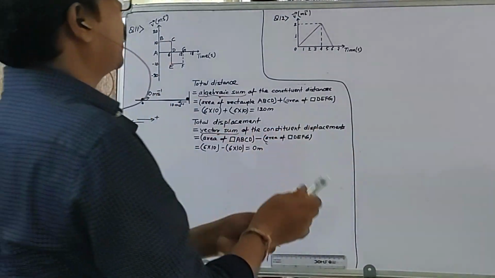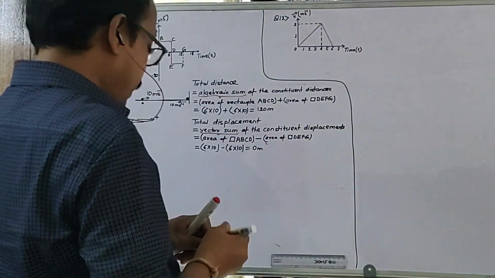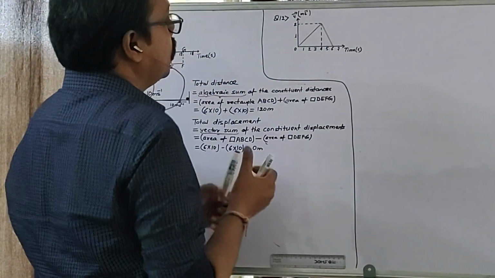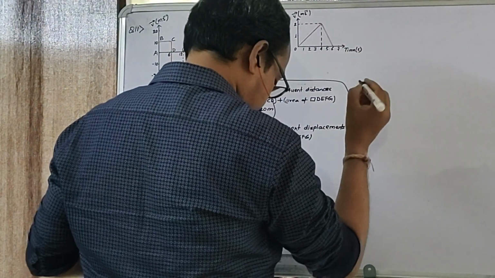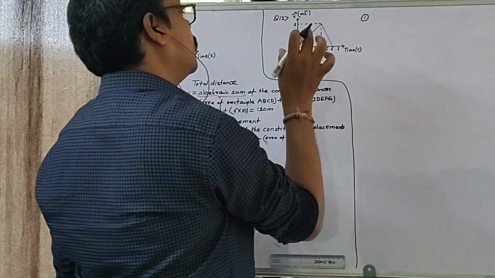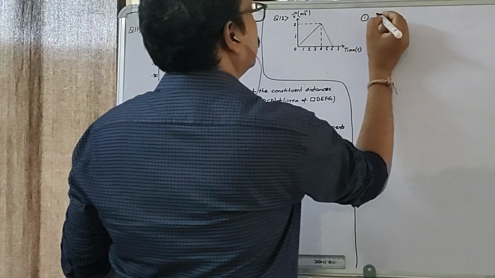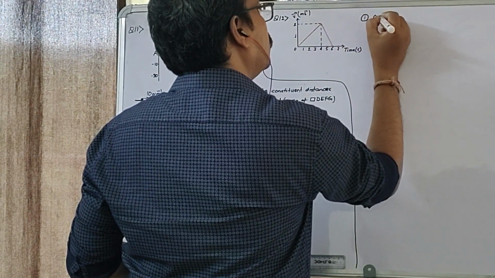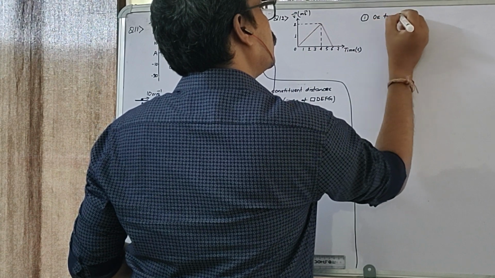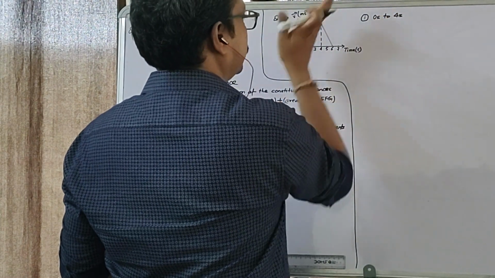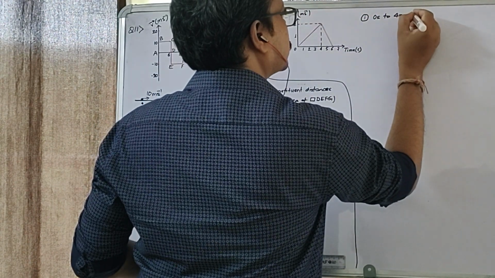From this velocity time graph, what can we say about the nature of motion? Part 1 is asking us to comment on the nature of motion. From 0 second to 4 second, it is in uniform acceleration.